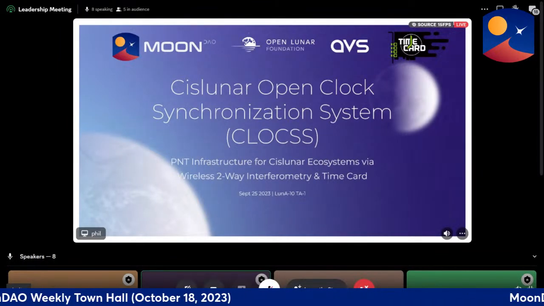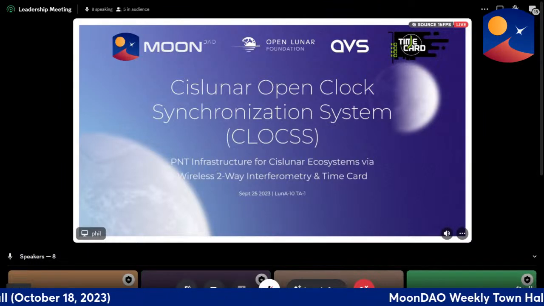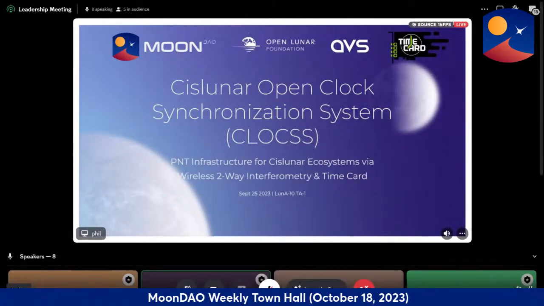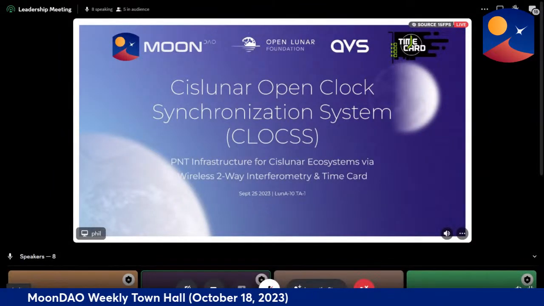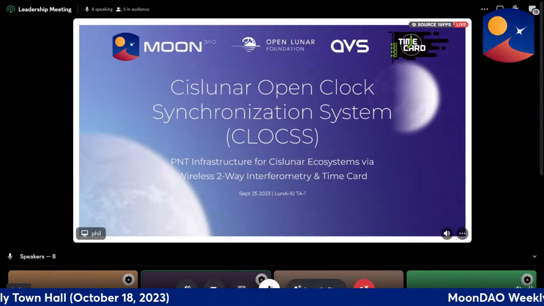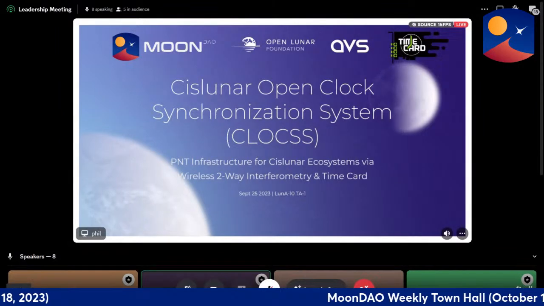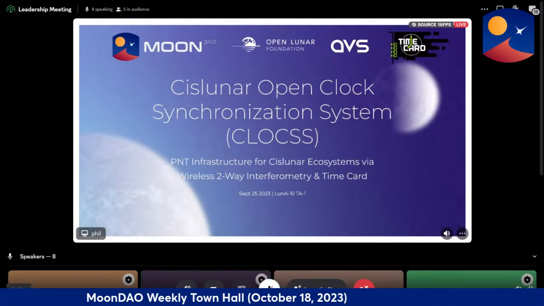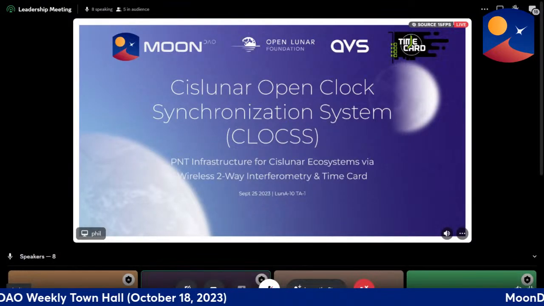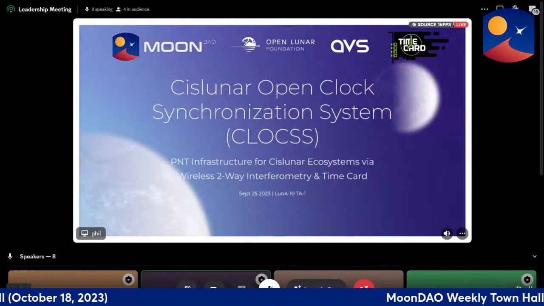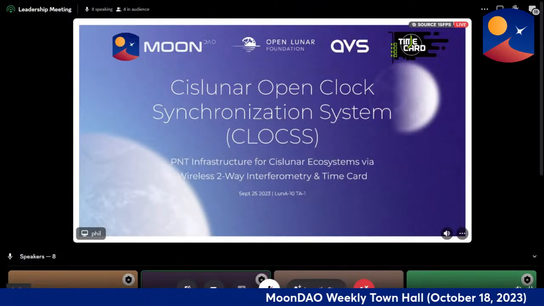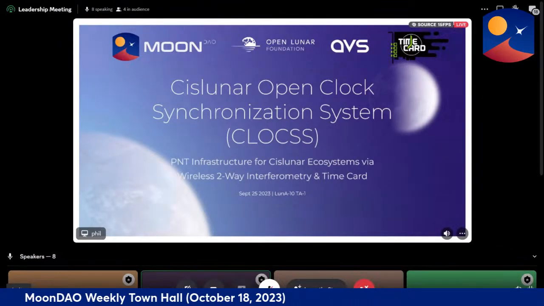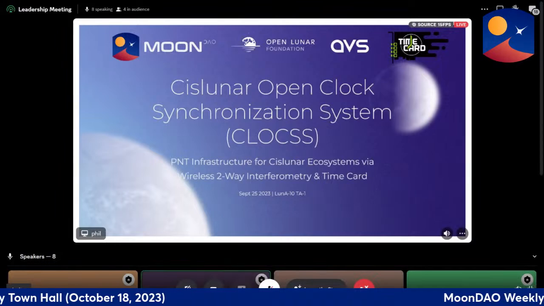Specifically, we adapted our work on lunar comms that we're doing for Moondao, and got together with some other folks that were working on similar concepts, and framed it as PNT, positioning, navigation, and timing infrastructure for cislunar ecosystems using a few public domain technologies, so research and open source technologies that exist today. And to be cheeky, of course, we have to have a backronym, the Cislunar Open Clock Synchronization System, or CLOCS.